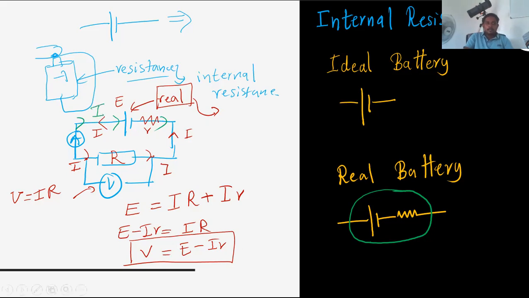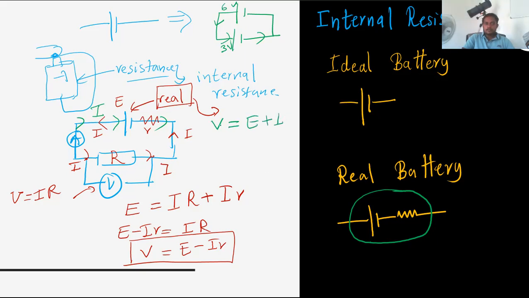As an example, if you have connected two batteries in this manner, one is 6 volts and one is 3 volts. Because of the 6 volt, the current is going this way. So there are circuits where current is going through the battery. For those cases, V is equal to E plus Ir.